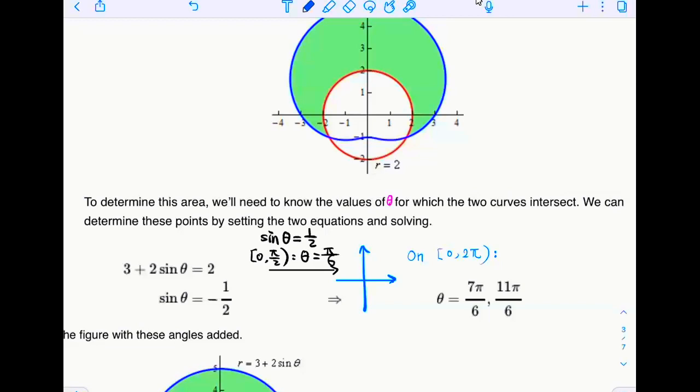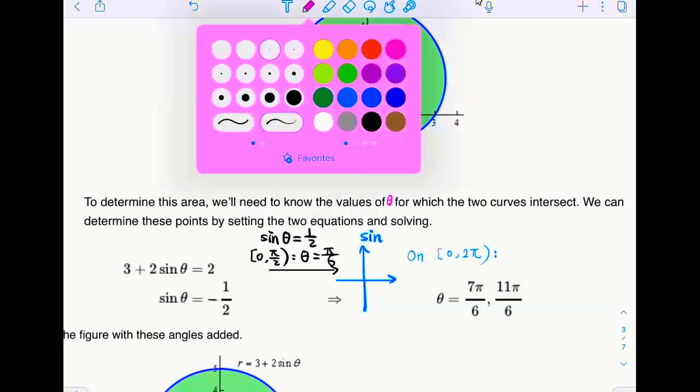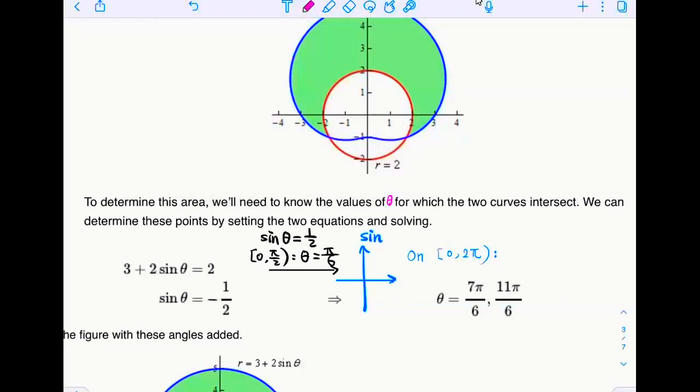We know sine is opposite over hypotenuse, which is y over r. Sine is y over r. Y is positive here and here, and negative here and here. So sine will be positive in these two quadrants and negative in these two quadrants.